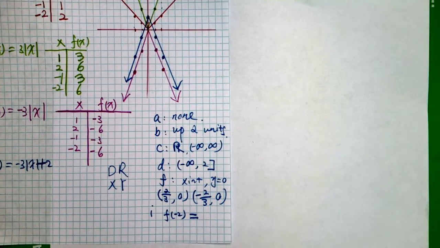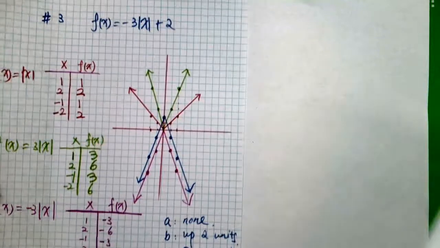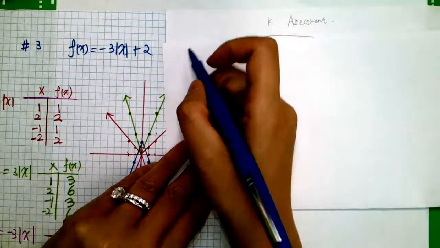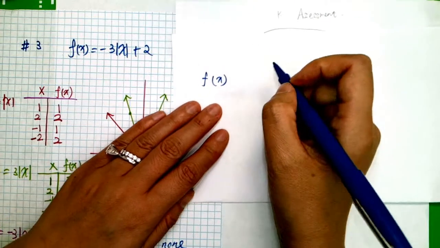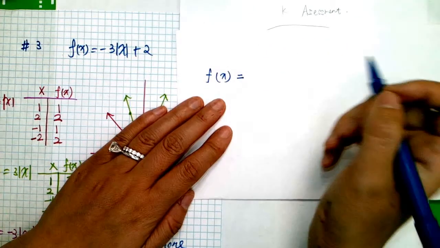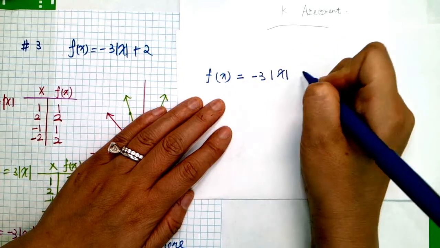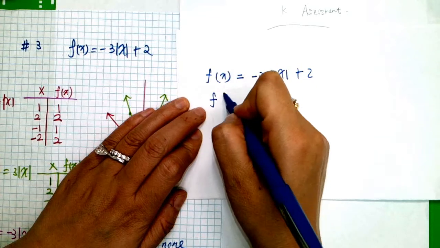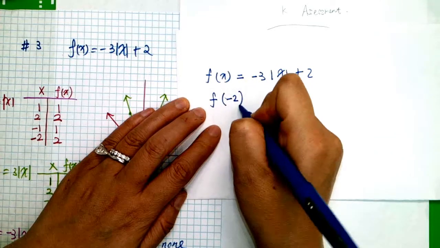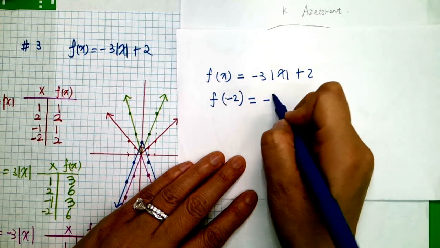So we are going to solve this question by f of x equals negative 3 absolute value of x plus 2. This time we would like to find out what f of negative 2 is. We need to replace this x with negative 2.